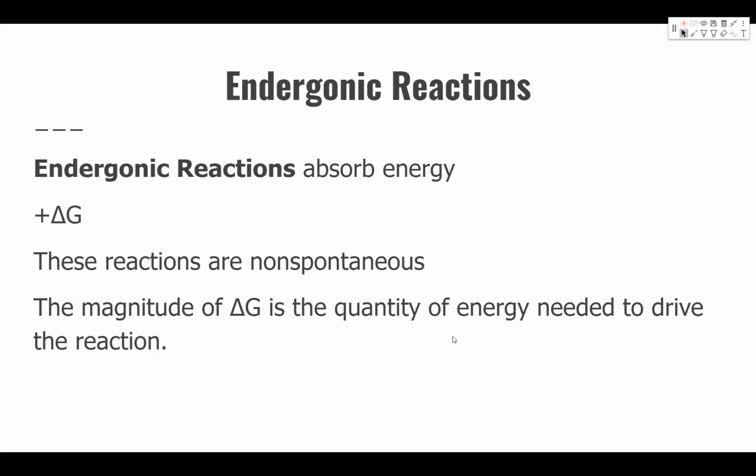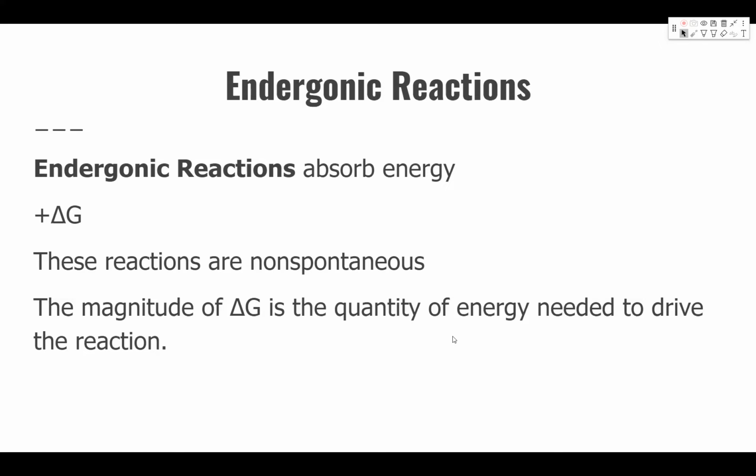So when a delta G is a low positive number, it just means there's less energy required to get that reaction started than when delta G is a high number. For example, a delta G of 1 takes less energy to put into that reaction to get it started than a delta G of 50. So that is an endergonic reaction.